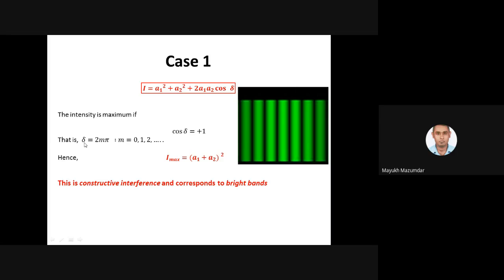So what I have said is, if cos delta is 1, it doesn't mean delta is 0. Delta is in general 2m pi, where m can be 0, 1, 2, anything. Have you come across this formula in trigonometry? In class 11, you had that chapter called trigonometric equations. Yes, sir. Seen somewhere.